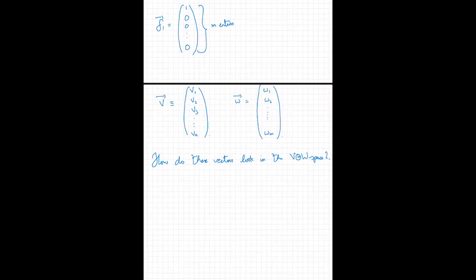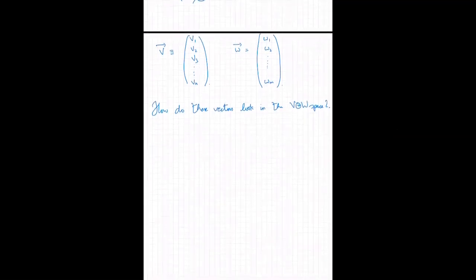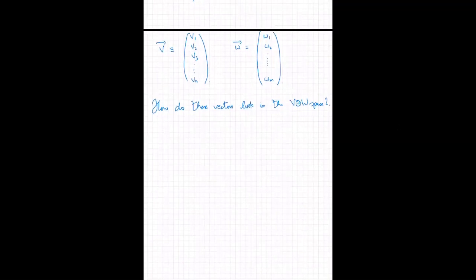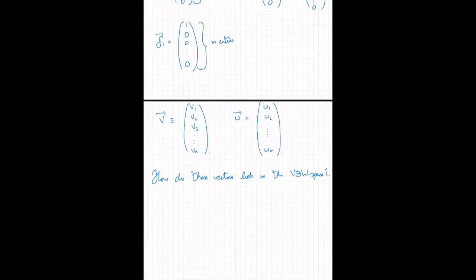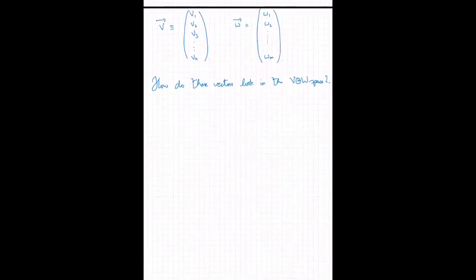You can easily guess that the form of the vector v in the V plus W space should be very simple: the v vector doesn't have any components along any of the f directions. So in the V plus W space, the vector v should simply be v1, v2 up to vn, and of course it's an n plus m dimensional space, so I should have an n plus m dimensional vector. So for all the f directions, I will simply put in zeros.